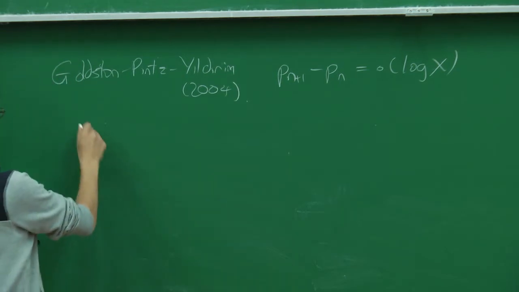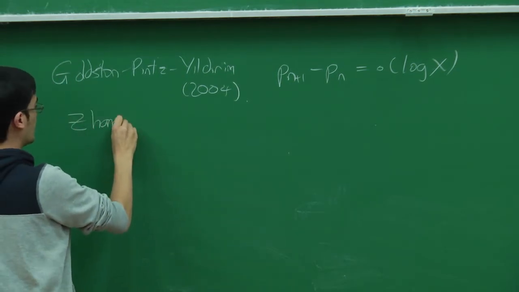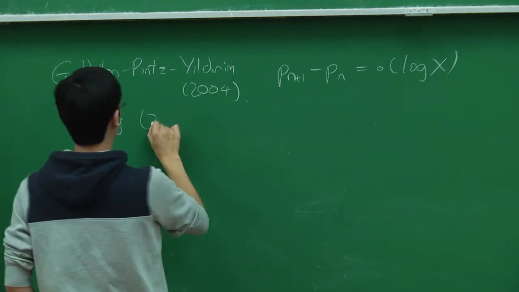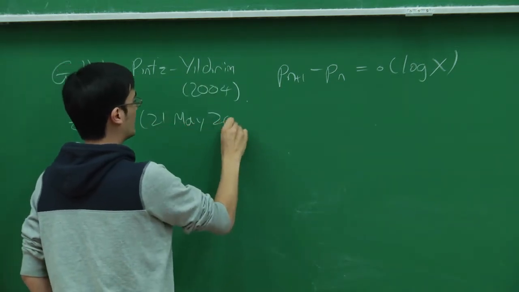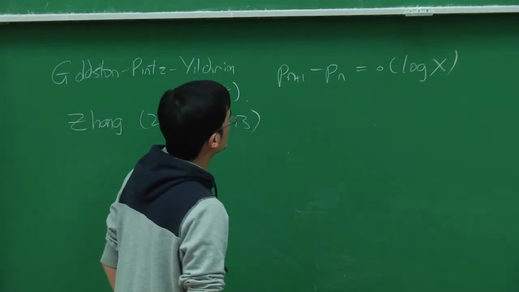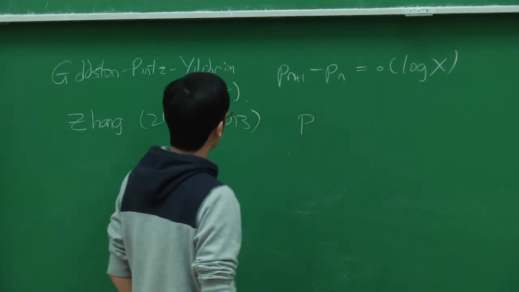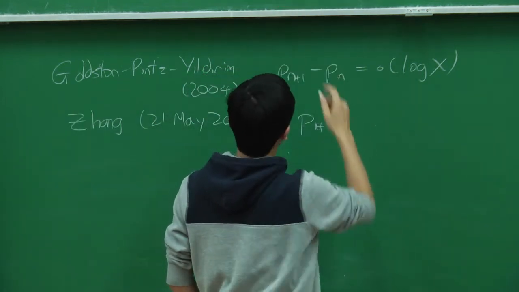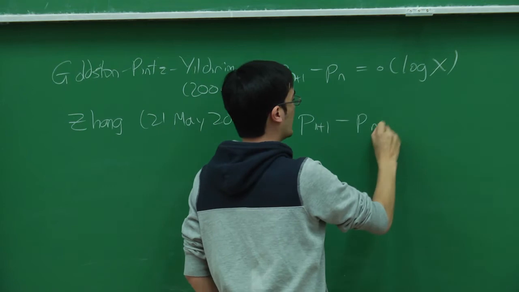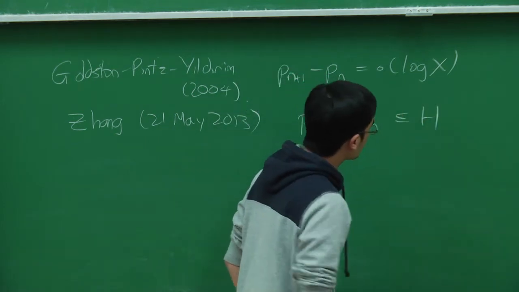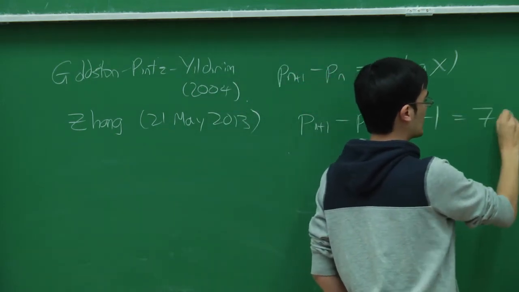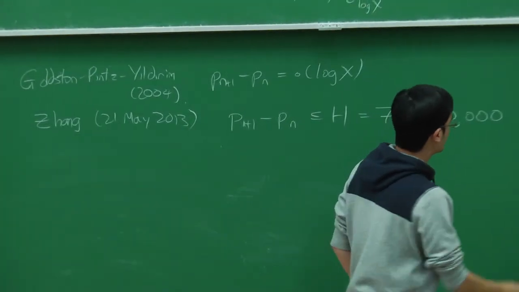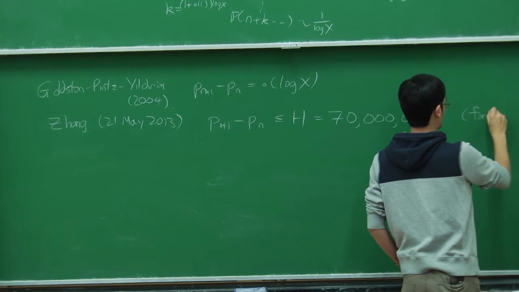And then the big breakthrough in 2013, in fact I even have the date, it's 21st May 2013, was by Zhang, who showed that in fact you can find a gap in this interval x to 2x bounded by some fixed h, which he in fact computed, the way he computed it was 70 million, for x sufficiently large.